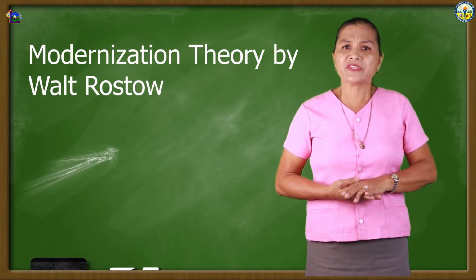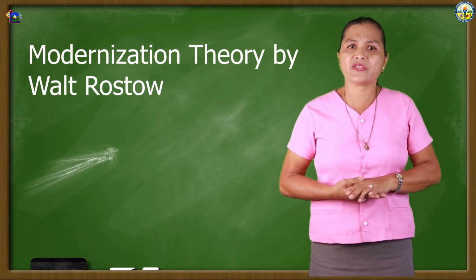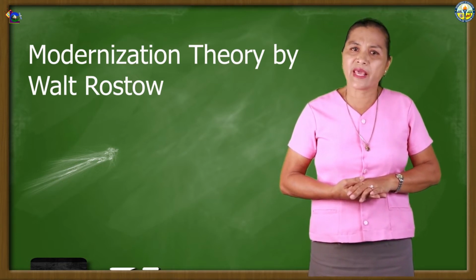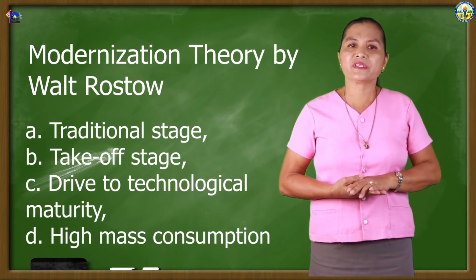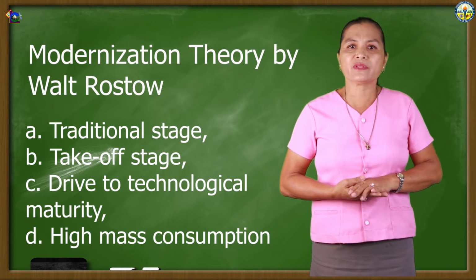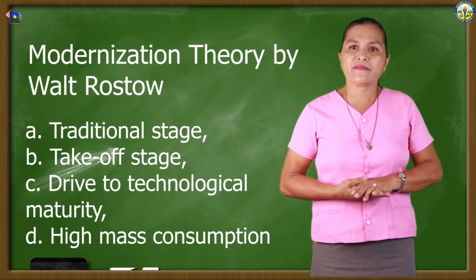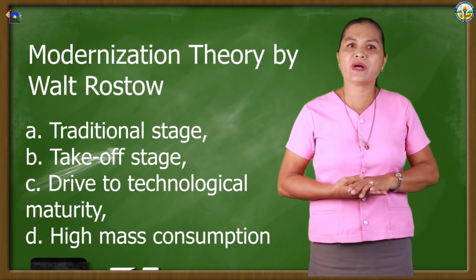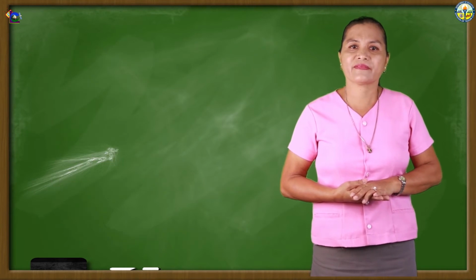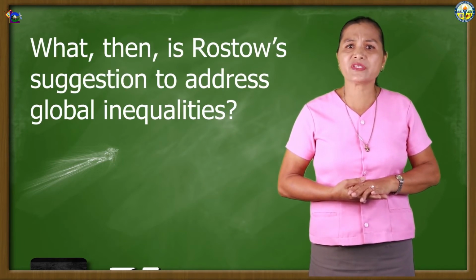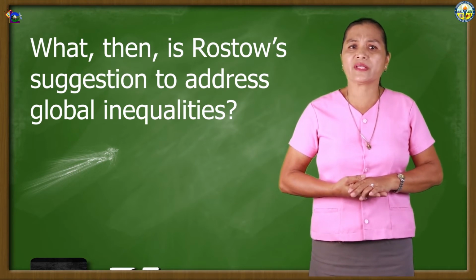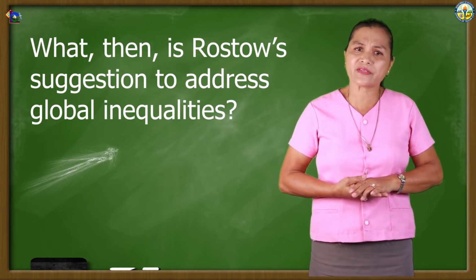Moreover, Rostow identifies 4 stages of development, namely traditional stage, take-off stage, drive to technological maturity, and high mass consumption. What then is Rostow's suggestion to address global inequalities?